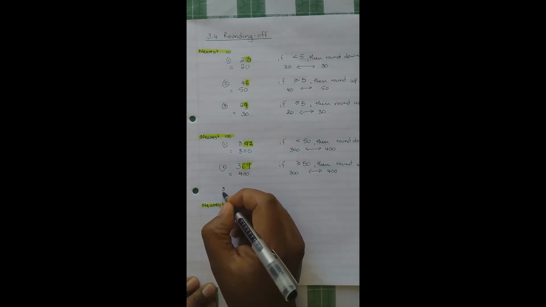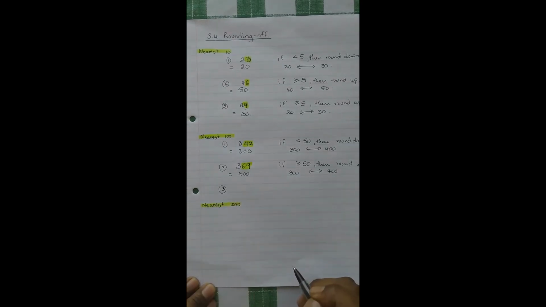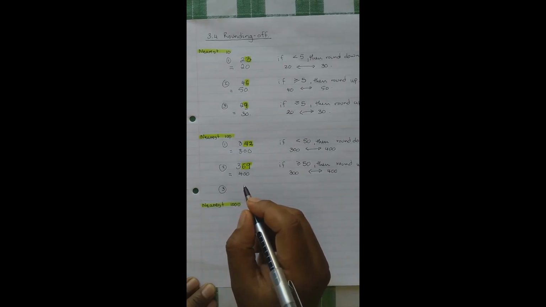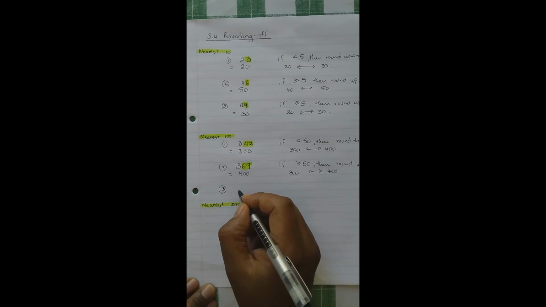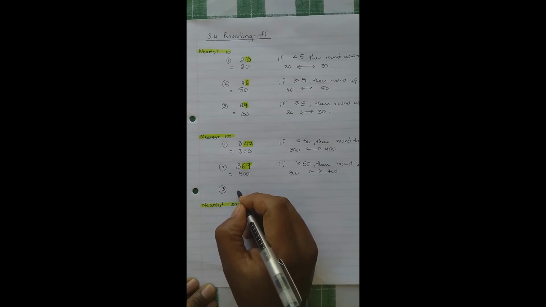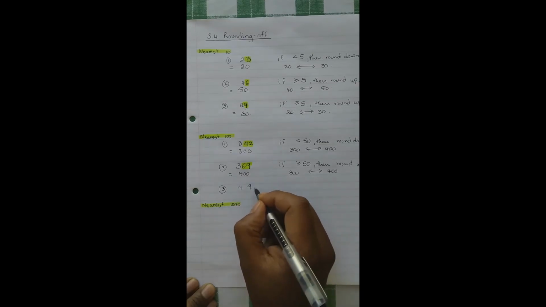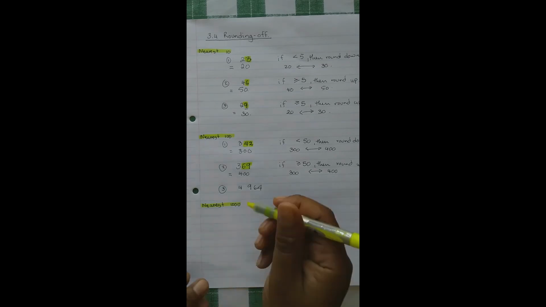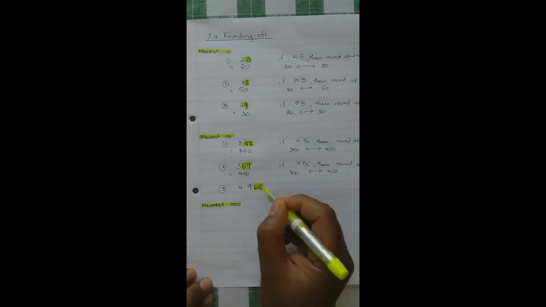And the last one on rounding off to the nearest 100. Question 3, let's suppose now we want to round off 4,964 to the nearest 100. Okay, same rule applies. Consider your tens, that's 64.